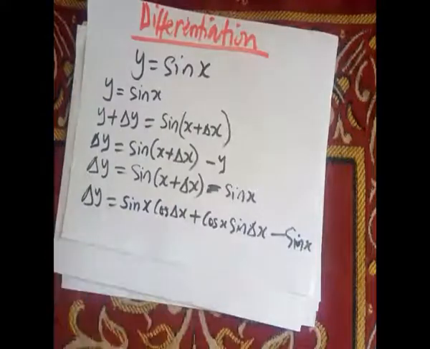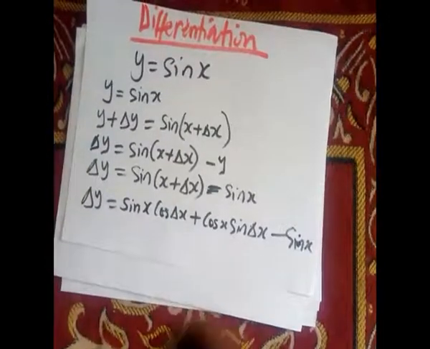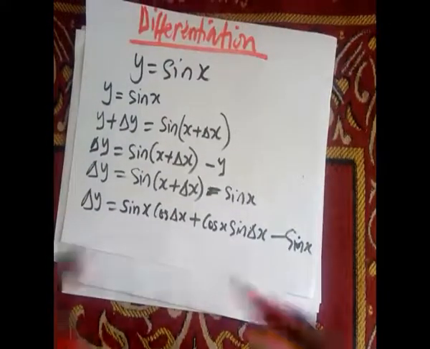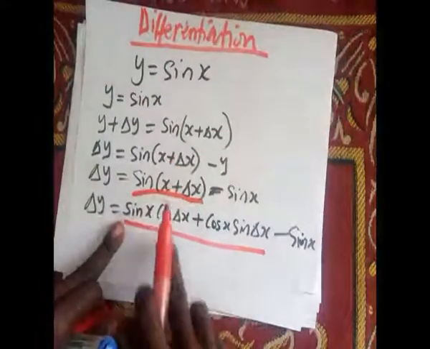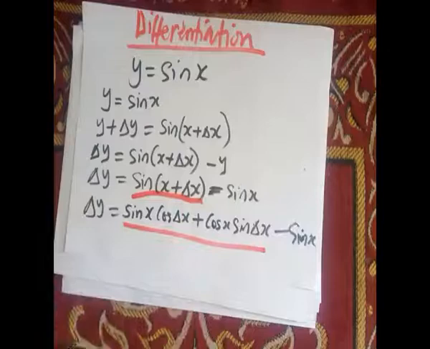We just expand this particular part. This is the expansion of this particular part, so we can expand this to be this. If you don't know, you can check it.